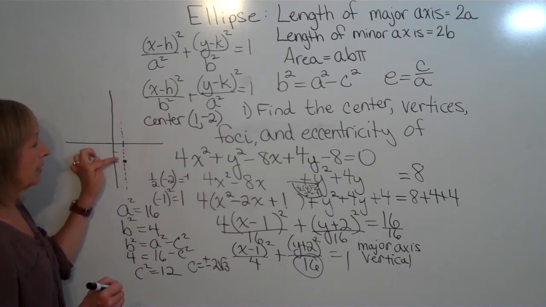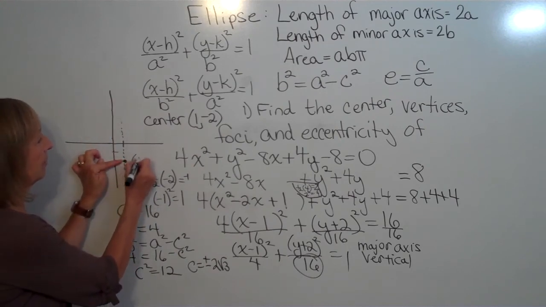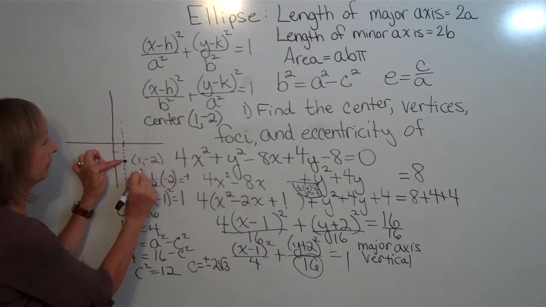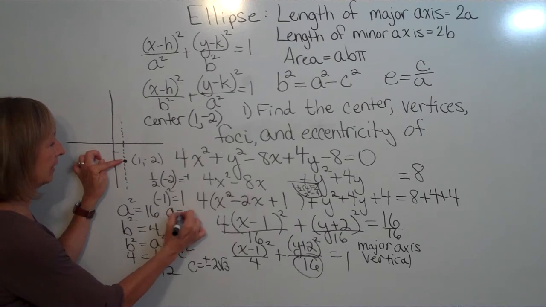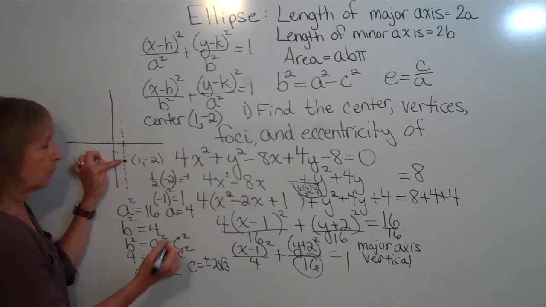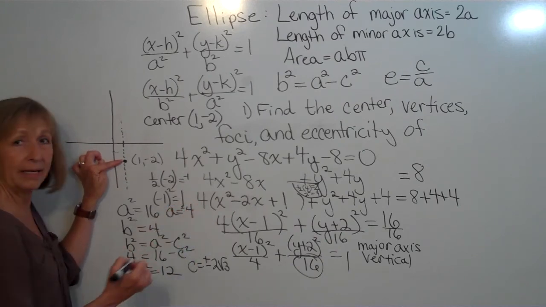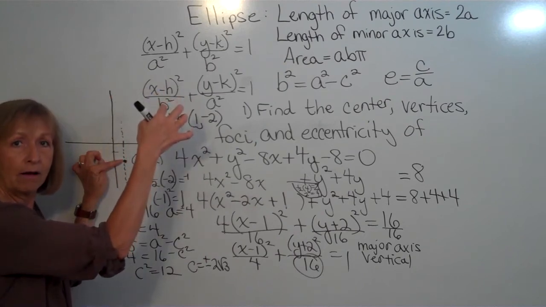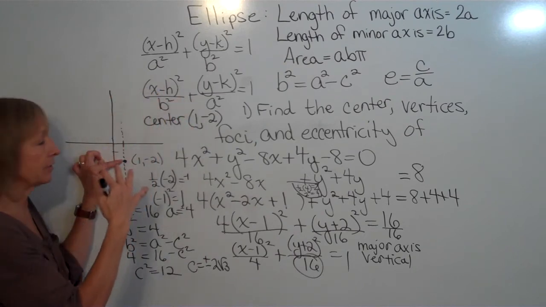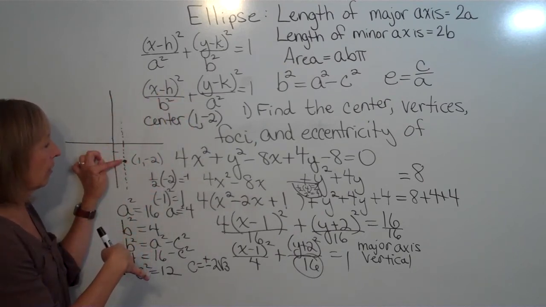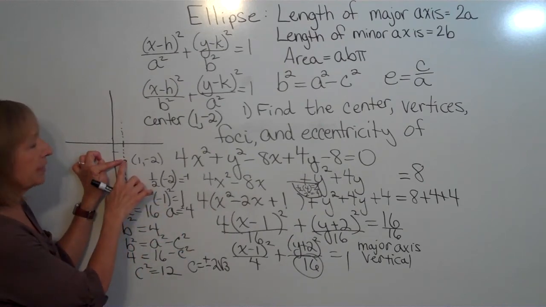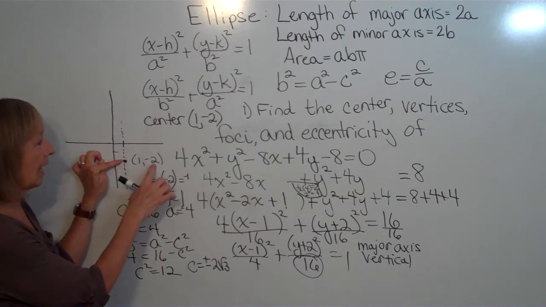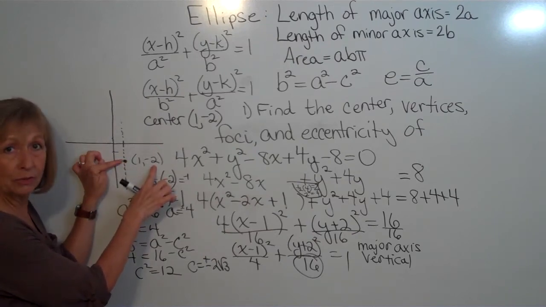So what we're going to do is from our center of 1 comma negative 2, our a is 4, and really you can think of that as plus or minus 4 to go up 4 off of it to get to the top vertex and subtract the 4 off to get to the bottom. So going up 4, I need to add 4 to the y coordinate.